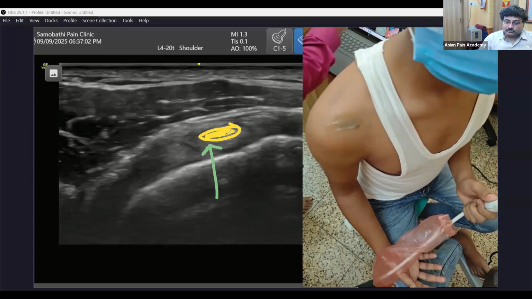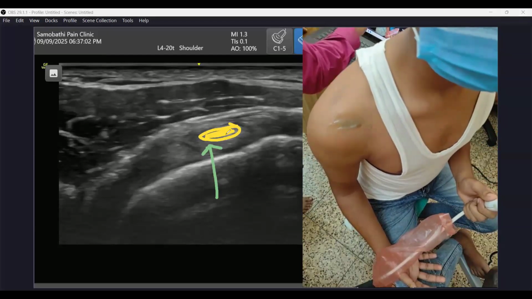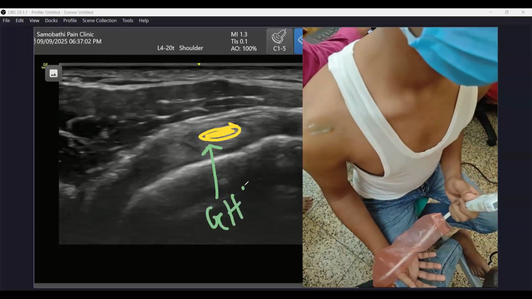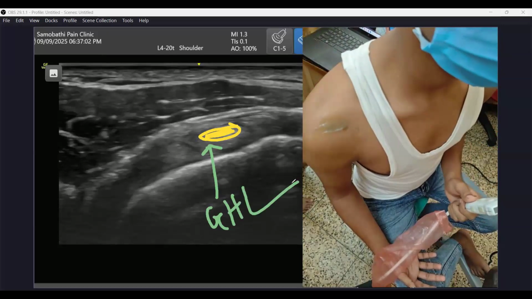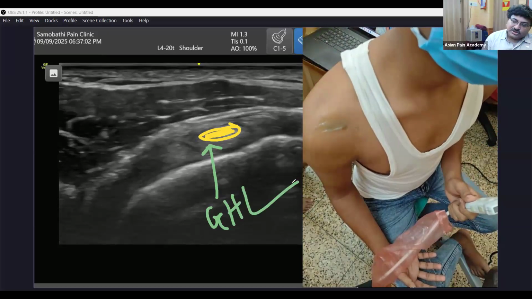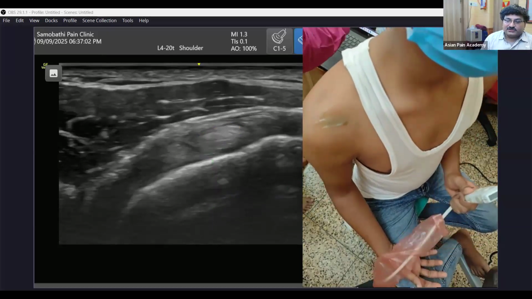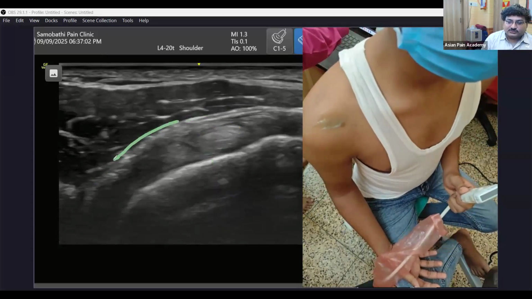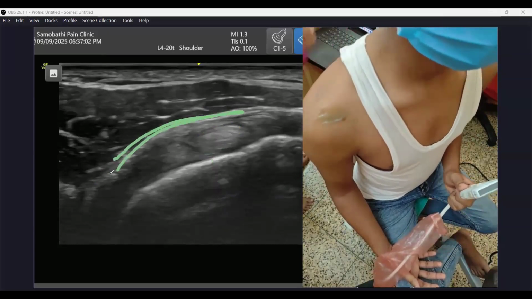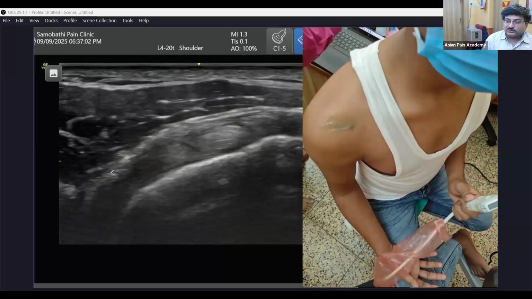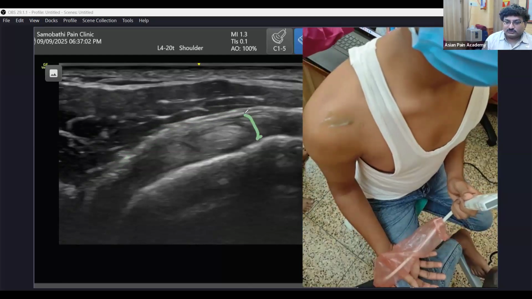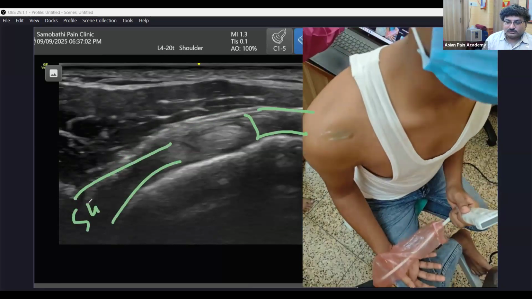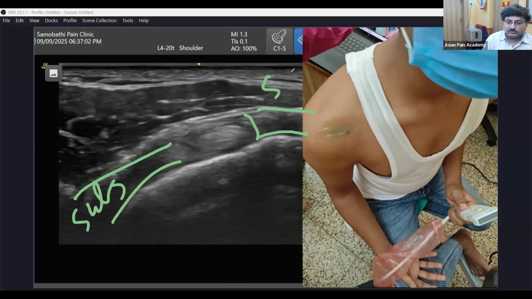What am I showing? The glenohumeral ligament, the superior glenohumeral ligament, SGHL. And this white color part, what is this? The coracohumeral ligament. Just remember the orientation. This one is in short axis, this one in long axis. This is subscapularis, this is supraspinatus.